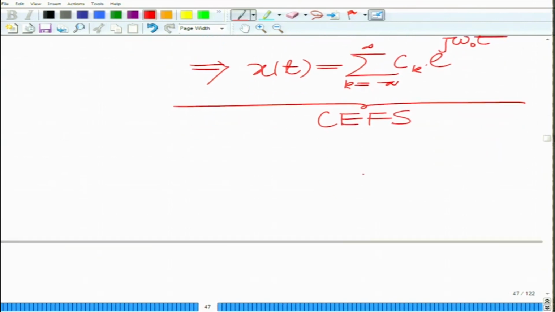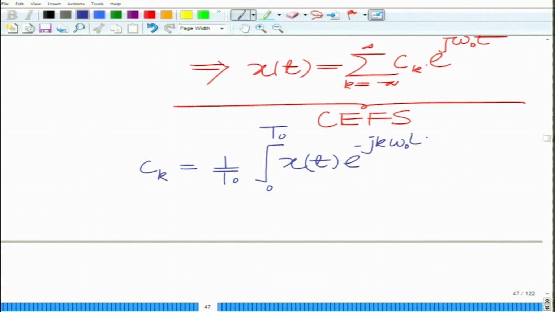Okay. And now the coefficient Ck can be found as, remember, 1 over T naught integral, you can find it over any contiguous period of duration T naught, say 0 to T naught, of x(t) e raised to minus j k omega naught t dt. We know that in the period 0 to T naught, x(t) is non-zero in 0 to T naught over 2, and in that it is a pulse of height 1.